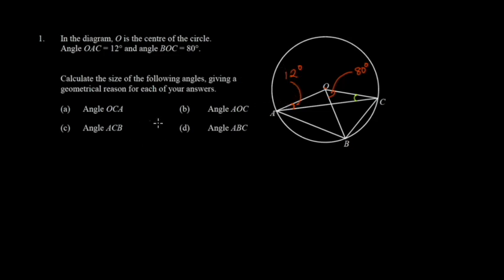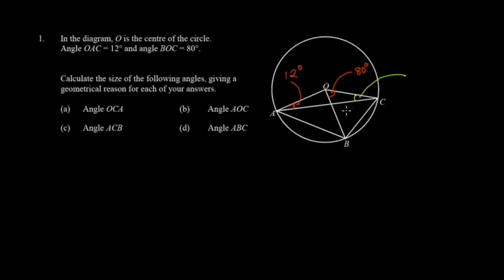That's why I told you not to start with any other part, because it might be hard, or part B might depend on you filling in part A. So it's always good to go with the order in which the angles are asked. So, OCA: identify the angle OCA. It would be this angle here. That's the angle they want.